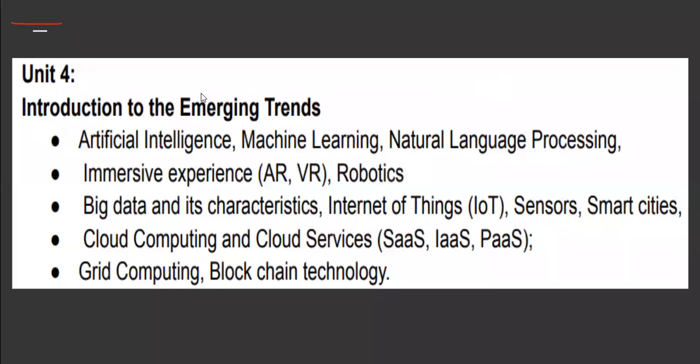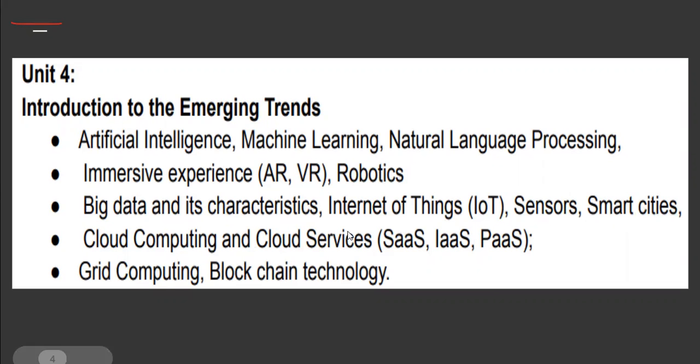Now in Unit 4 we have Introduction to Emerging Trends. In that: AI, that is artificial intelligence, then machine learning, natural language processing (NLP), then immersive experience, that is AR and VR, augmented reality and virtual reality, and robotics. Then big data and its characteristics, IoT, that is Internet of Things, sensors, smart cities.